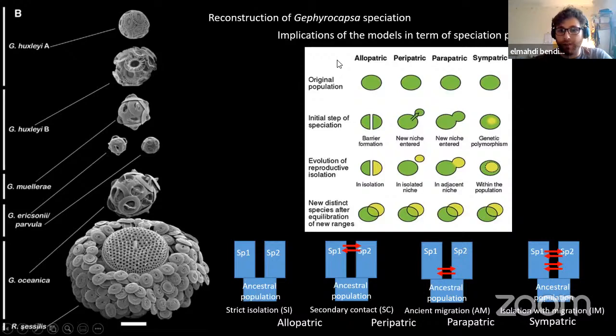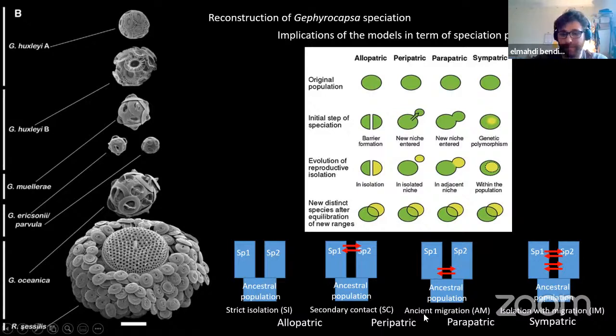We can also link those models to the classic modes of speciation I've been describing before, in terms of spatial implication. So we have the strict isolation that is clearly linked to the allopatric model. Then the secondary contact more as well to the allopatric mode, but it can also overlap with the peripatric.